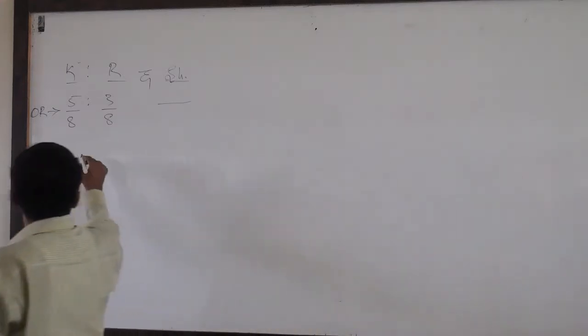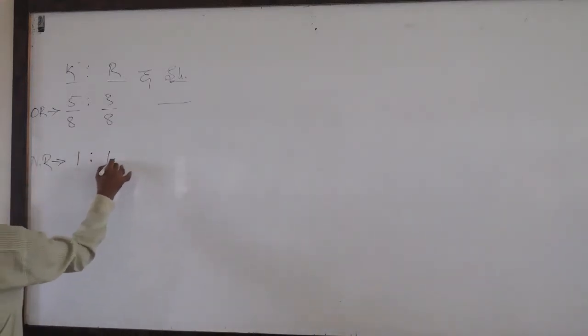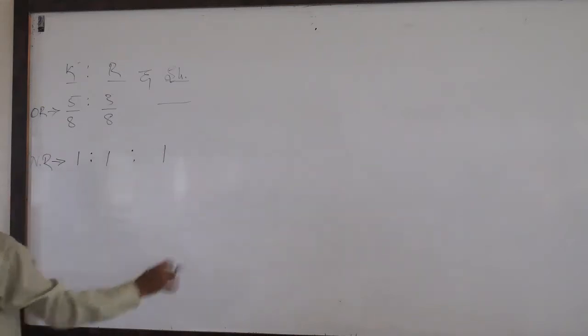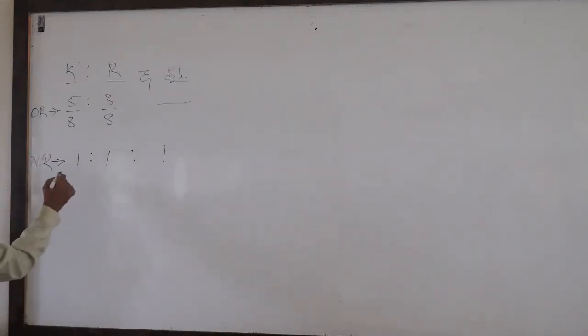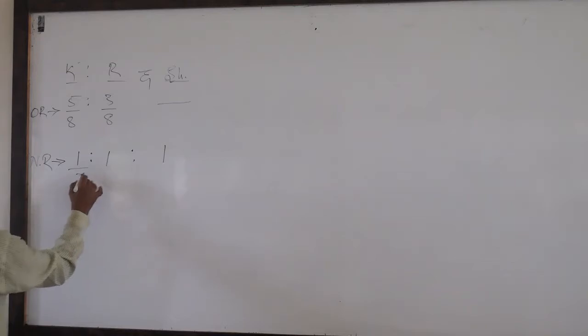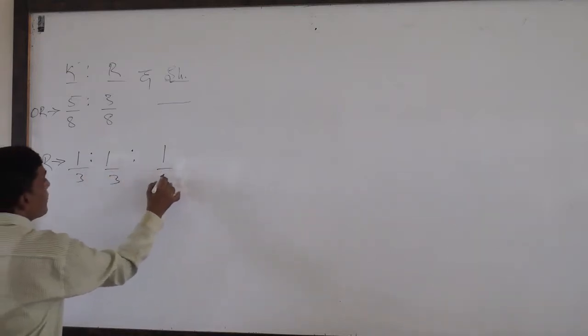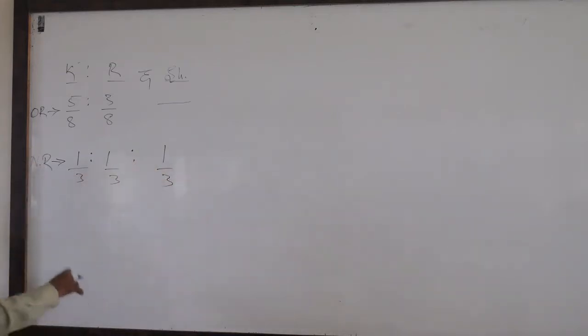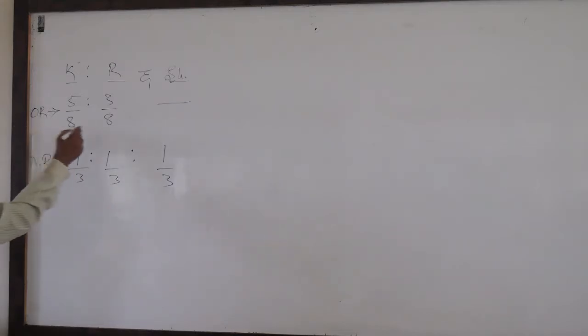Equally means 1:1, so 1:1 means 1 by 3, 1 by 3, 1 by 3. These are the new ratio of all the partners. These two are the old ratio of old partners.